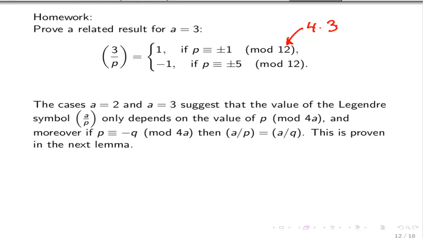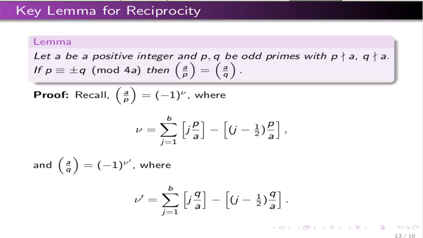And it turns out that this type of phenomenon holds in general. So we're going to get the following lemma, which I consider the key lemma for proving quadratic reciprocity. Let a be a positive integer, and p and q be odd primes with p not a divisor of a and q not a divisor of a.